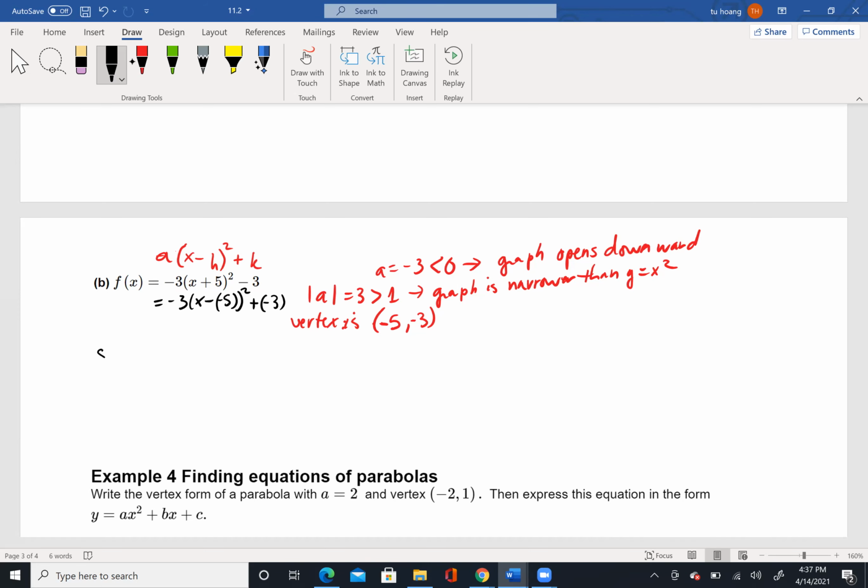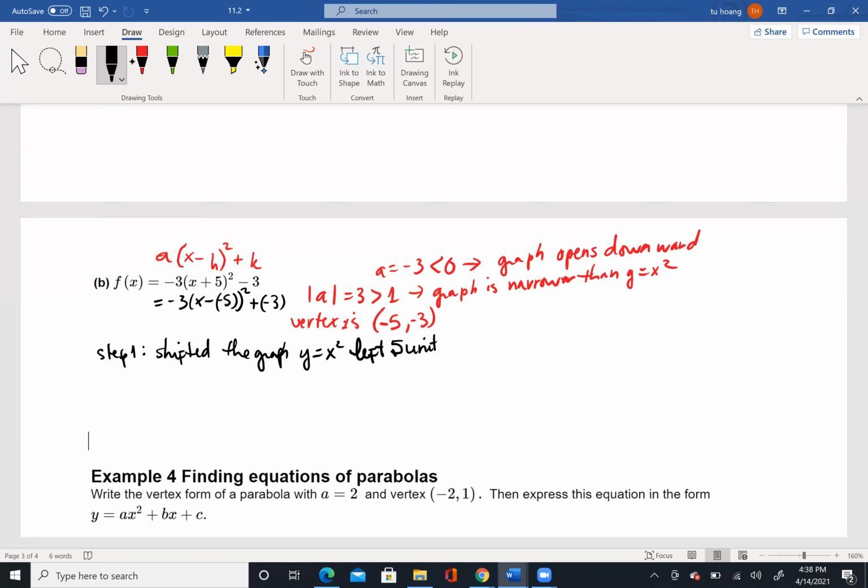So step 1 is to shift the graph y equal to x squared left 5 units, right? Because you see that x plus 5, right?